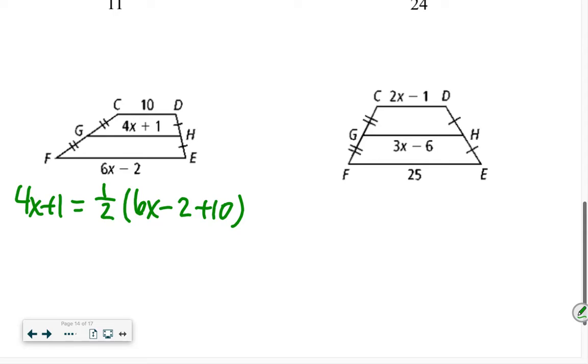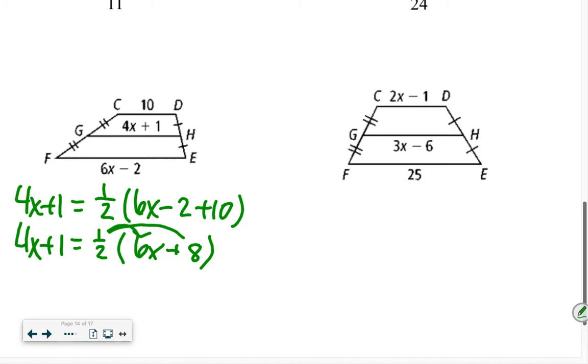Okay. I would simplify the parentheses first, so let's copy down everything up to the parentheses. What is minus 2 plus 10? 8. Now I need to distribute my half.